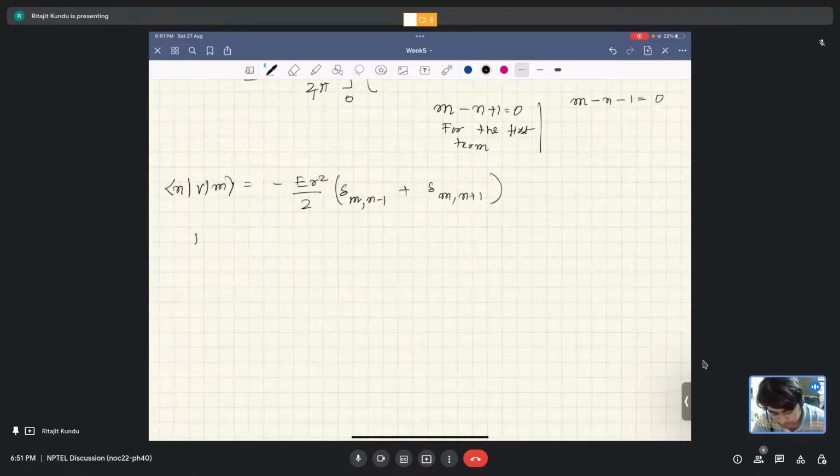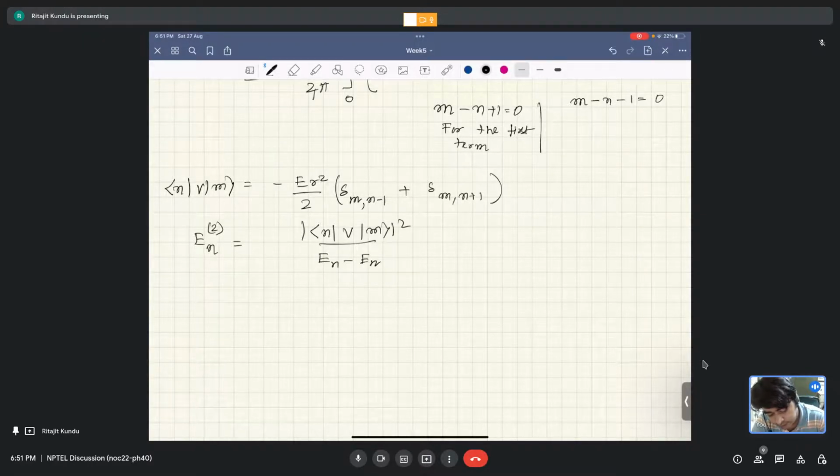So when we want to calculate this, let's say E2 of the nth state, then we'll use this expression: the sum over m of mod square of V m n divided by En minus Em, with the summation over n not equal to m. So this thing you can write for any m.